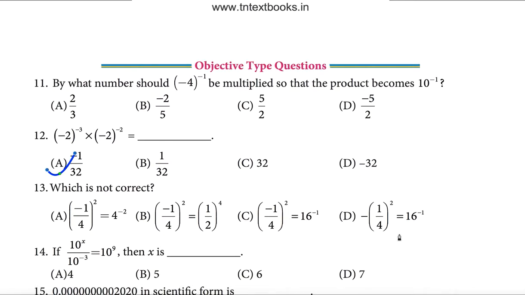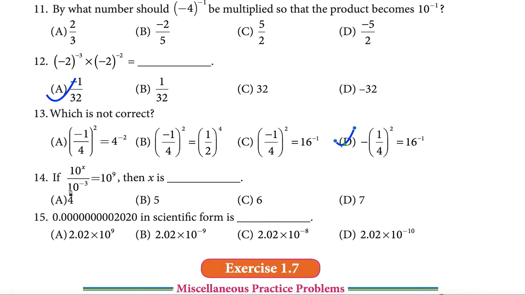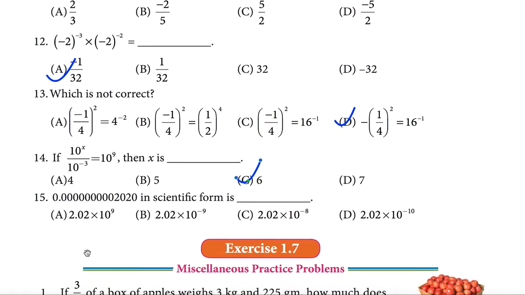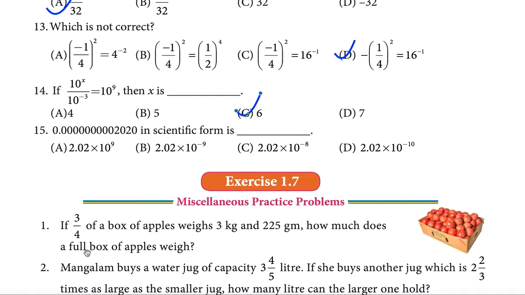This is also correct. This is not correct. X plus 3 is 9, x is 6. Scientific form: 1 2 3 4 5 6 7 8 9 10. 10 to the power minus 10.